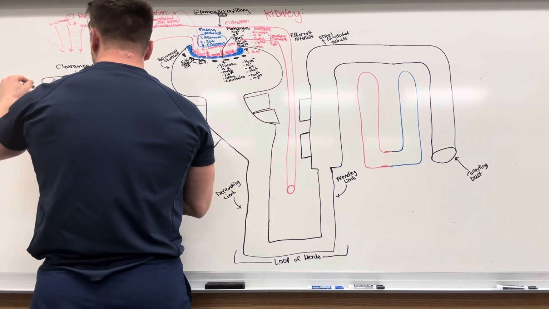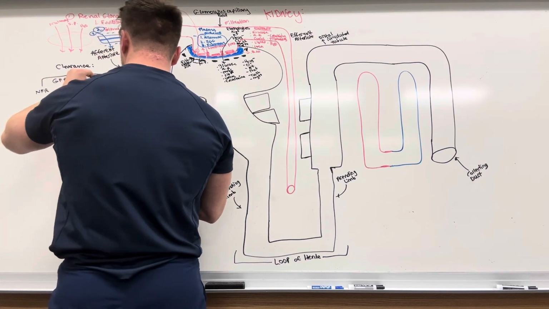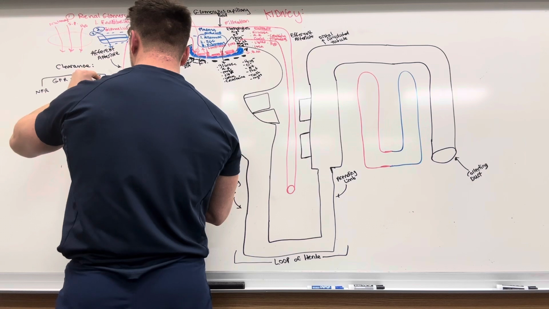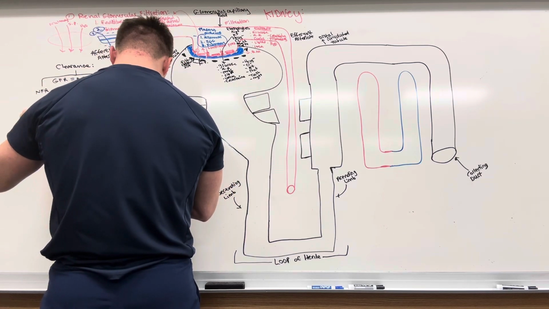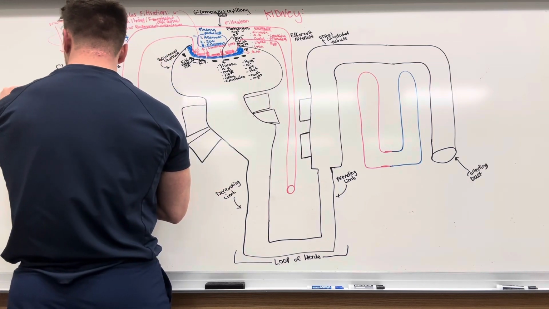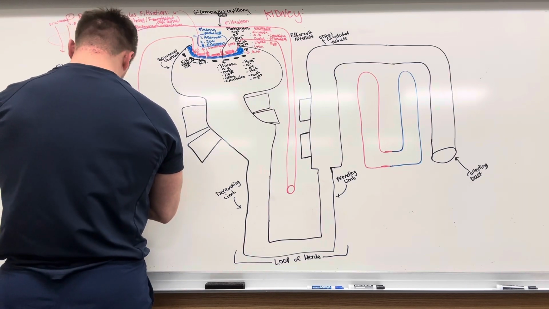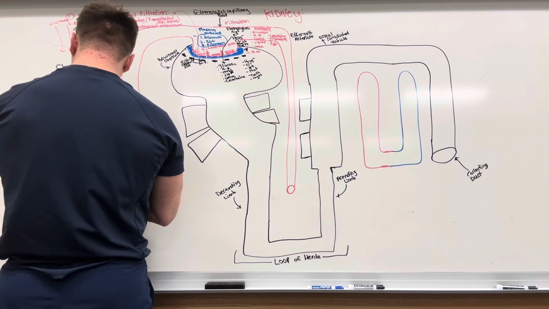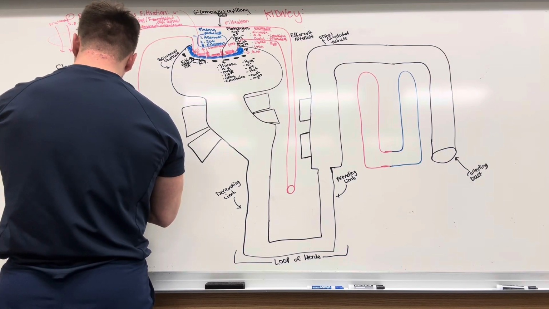KF is just a filtration coefficient, and so if we have NFR over here, net filtration rate, and our filtration coefficient on this side, then what we end up having is this thing called GHP, glomerular hydrostatic pressure, and we subtract that from BCOP plus CHP.